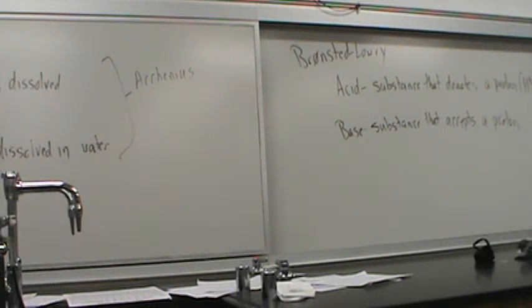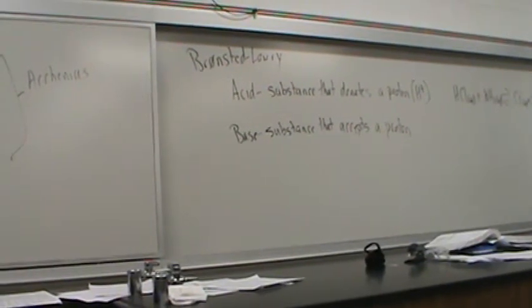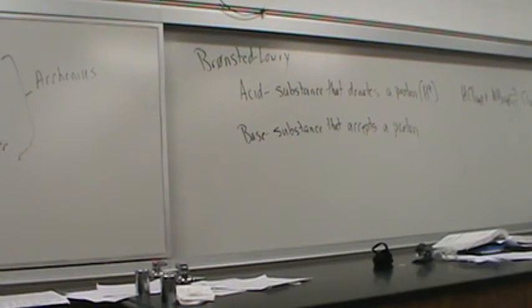Since we're in equilibrium, what they're saying is that in this equilibrium reaction, we have acids and bases on both sides of the equation. We can look at it and identify which one is going to be the acid and which one is going to be the base. The way that we do that is we look at what's happening from the left-hand side to the right-hand side.